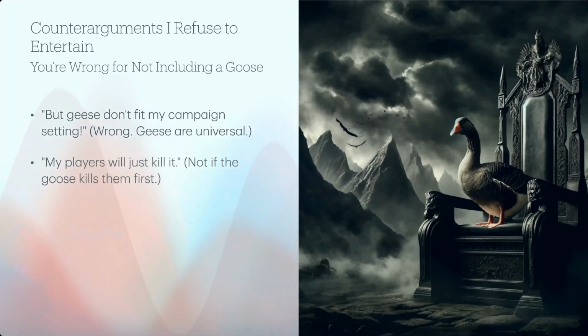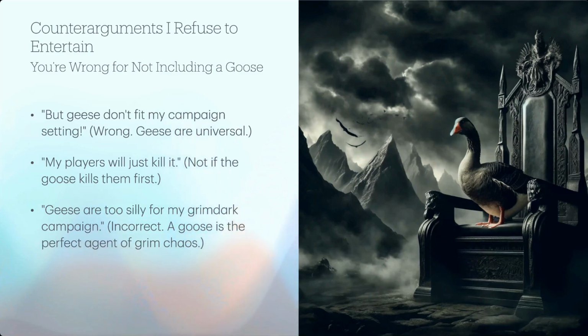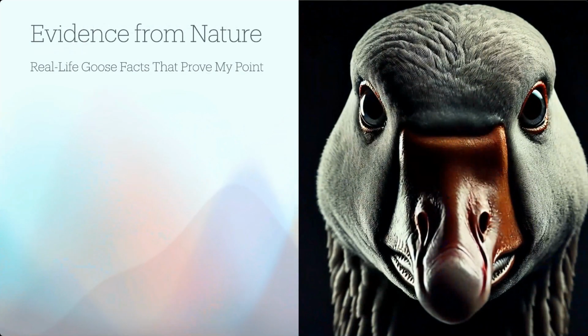Not if the goose kills them first. And geese are too silly for my grimdark campaign. Incorrect. A goose is the perfect agent of grim chaos. We've been through this, people. Get with the program. And I'm glad that you gave a beautiful representation of the grim dark goose. Yes, there he sits on his dark throne. Look at my boy.